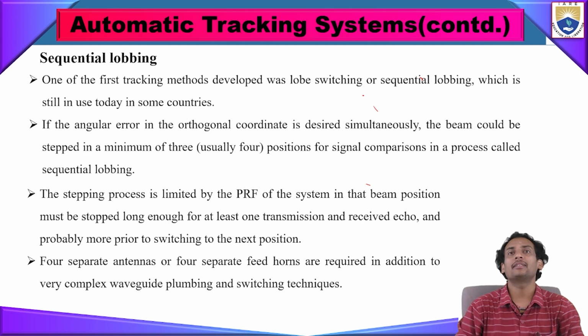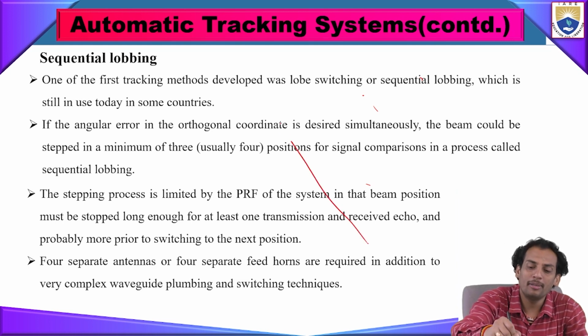It's a tracking method developed as lobe switching or sequential lobing, which is still in use today by many countries. The angular error and the orthogonal coordinate are designed simultaneously. The beam could be stepped in a minimum of three positions. Usually a three position lobe beam should be there, and the process of signal comparison is called sequential lobing.